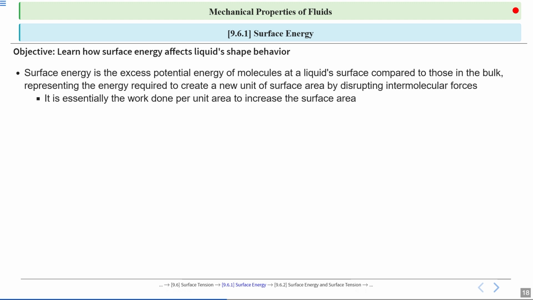To put it another way, surface energy is the work done per unit area to increase the surface area of a liquid. For example, if you stretch a soap film, you have to do work to make it larger, and that work per square meter is the surface energy.